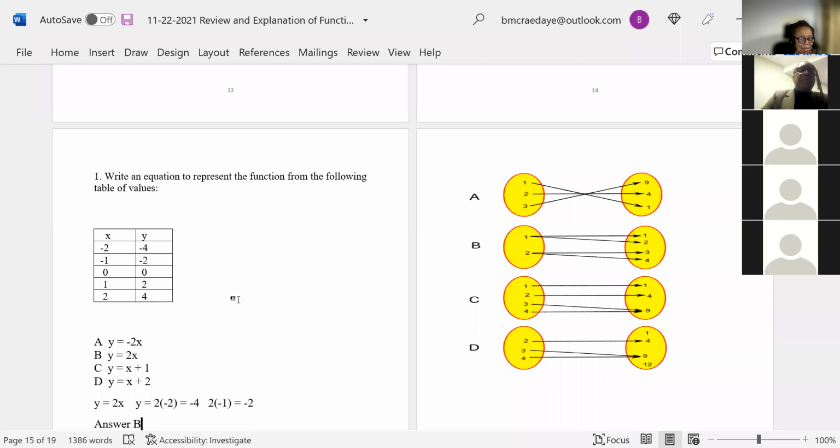If I didn't have these answers here, how would I know what the relationship was? Well, for one thing, if these values are not all higher, but this one's absolute value is higher than this one, that tells me it's a multiplication.